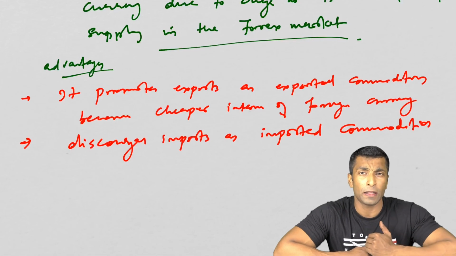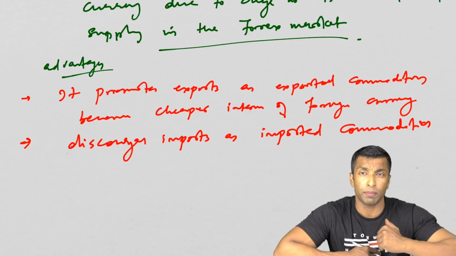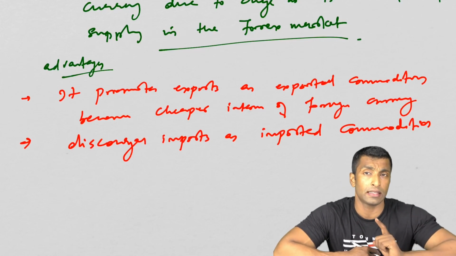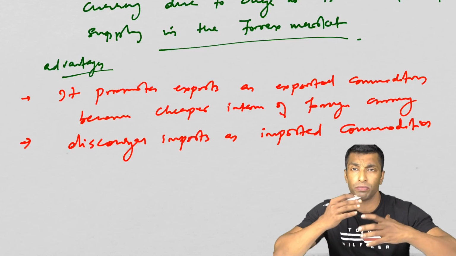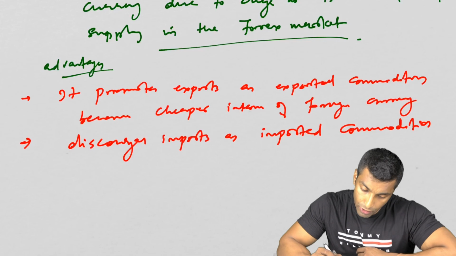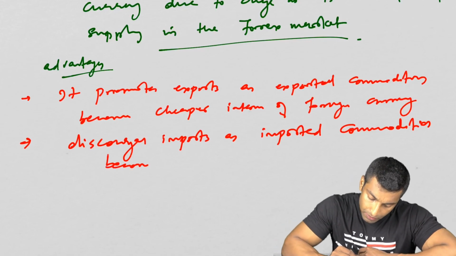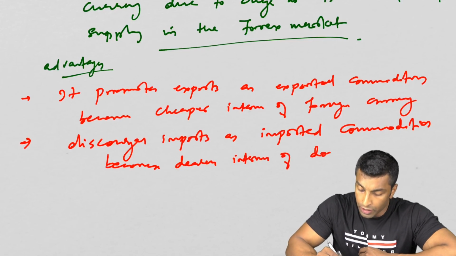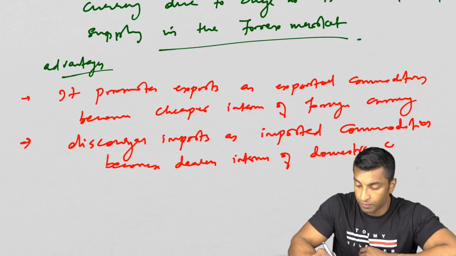So effectively the same product, when you're importing, despite the fact that it is costing $1, earlier in terms of Indian currency you needed to pay 67. Now you need to pay 68. So it becomes dearer. So you may not import often. Okay, so imported commodities become dearer in terms of domestic currency.